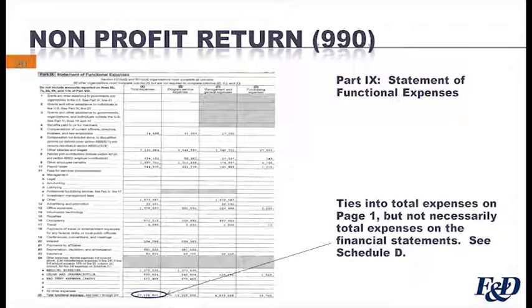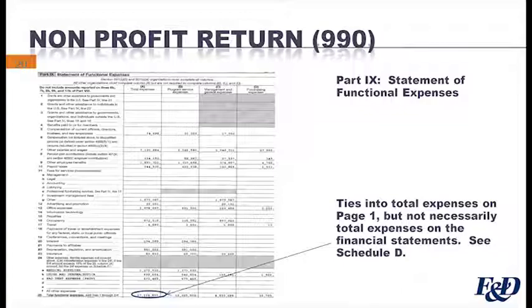A lot of focus is spent on this next schedule, on the next slide, which is your statement of functional expenses. And most nonprofit organizations want to have the majority of their expenses be attributed to their program service.